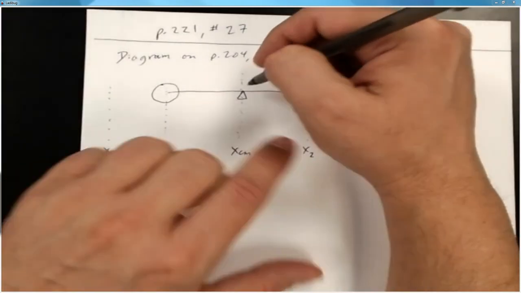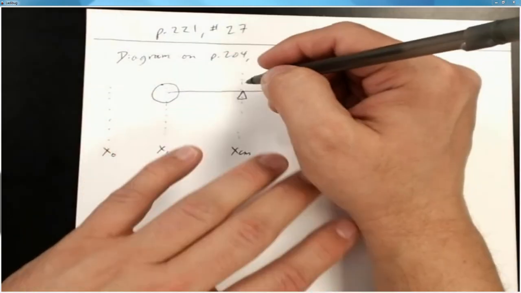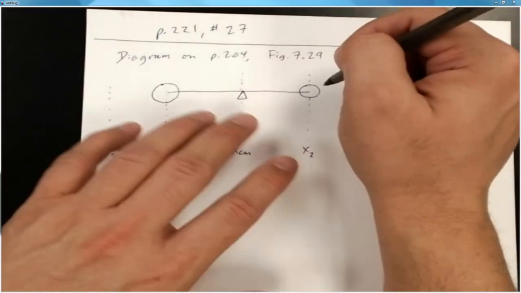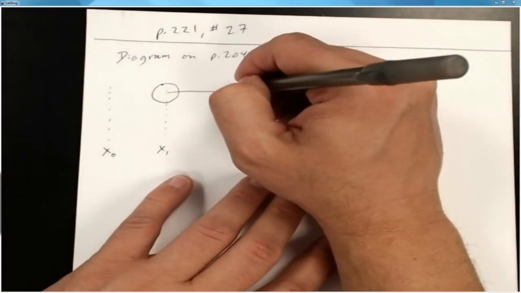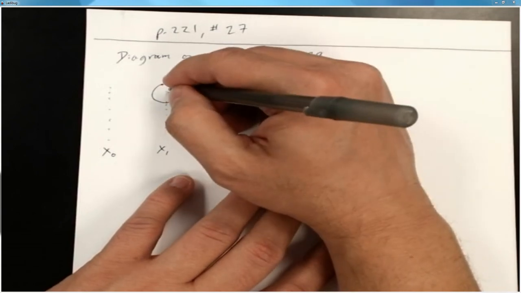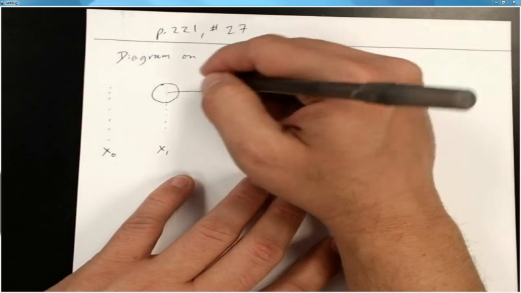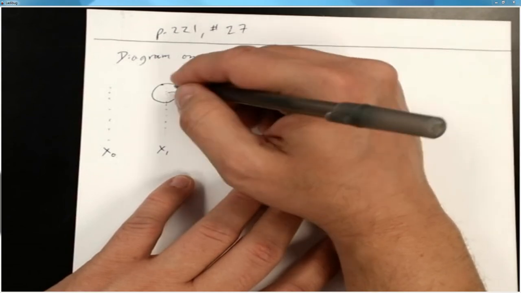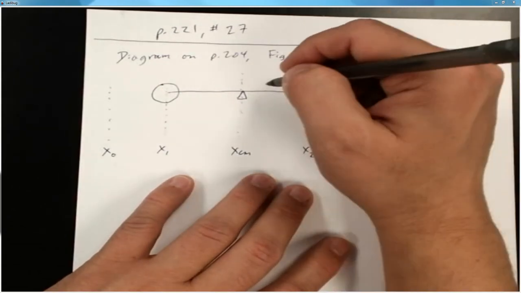The object doesn't care about where I put my origin in the slightest. This object cares about how far the left-hand side is from the pivot, and how far the right-hand side is from the pivot.